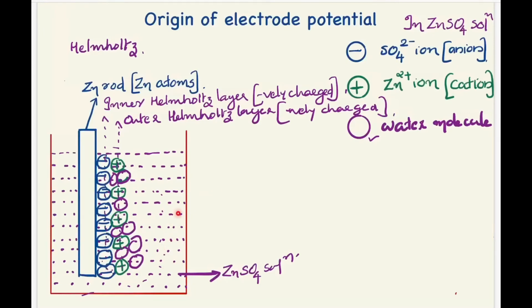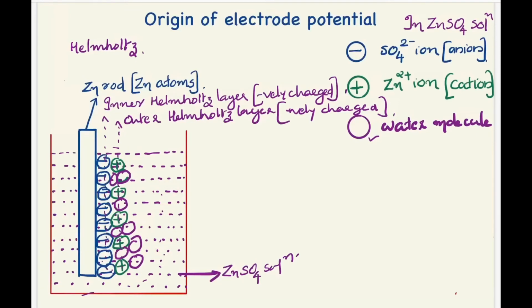So here also we will get zinc ions, sulfate ions, water molecules, but this area now is rich in charged particles or ions. This area is comparatively less concentrated in terms of sulfate ions and zinc ions. You know that some of the zinc ions moved into this area, some of the sulfate ions moved into this area.